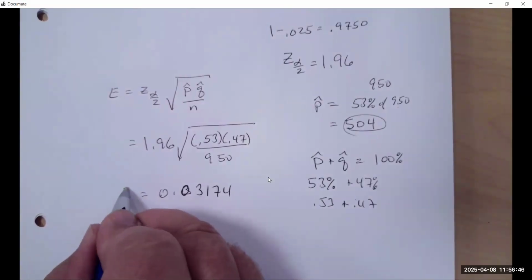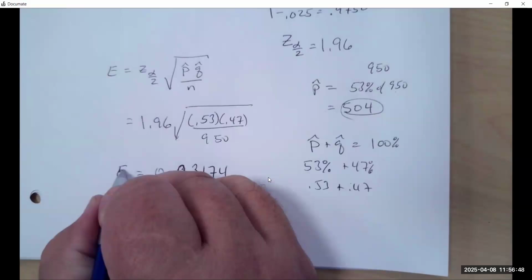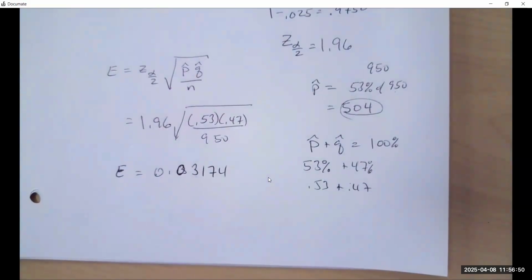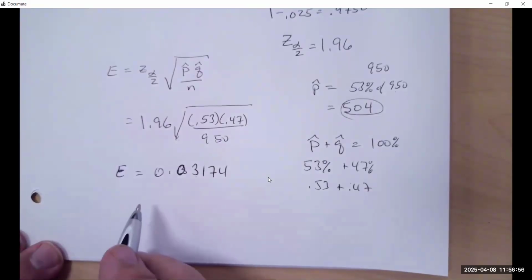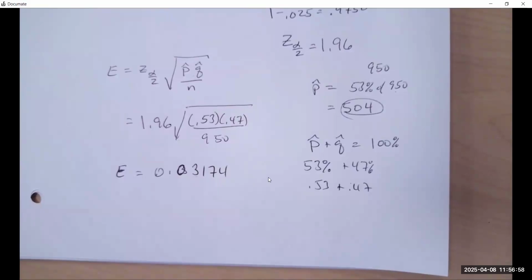Okay, so this is my E. Remember, what are we trying to find? We're trying to find the confidence range where the population is in the middle.